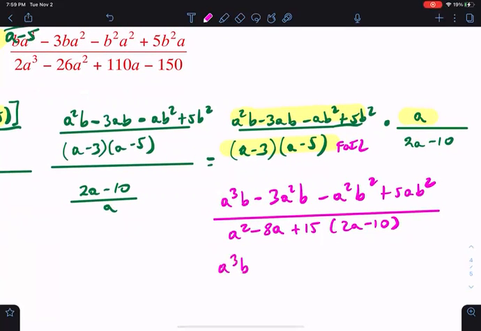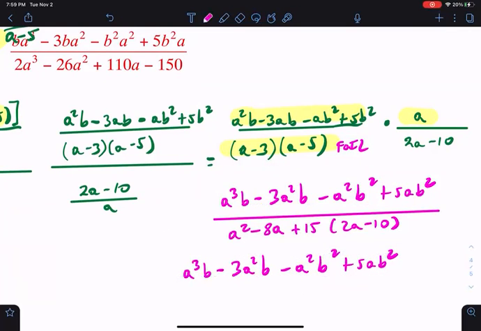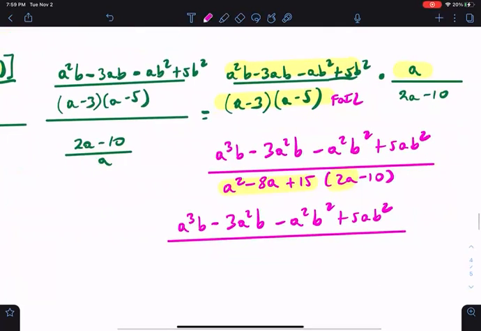So this is a cubed b minus 3. Basically, you need to write the numerator the same, right? And then you need to expand that twice. So that's going to be a pain, a little, 3 times, right? So that's going to be, let me do that here, and after that when we simplify it completely, then we put it in the denominator. So that's going to be 2a cubed minus 16a squared, and then we have 38.